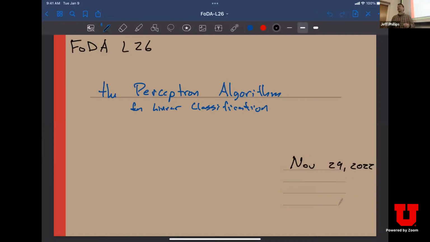This algorithm is older than the way we talked about it. Last week we talked about how you have a bunch of points and you define some loss function that was not necessarily the squared error loss function, but it was a loss function, and then you ran gradient descent.